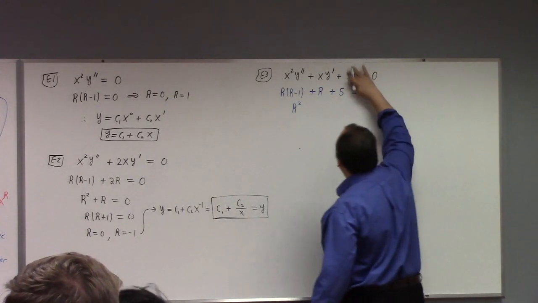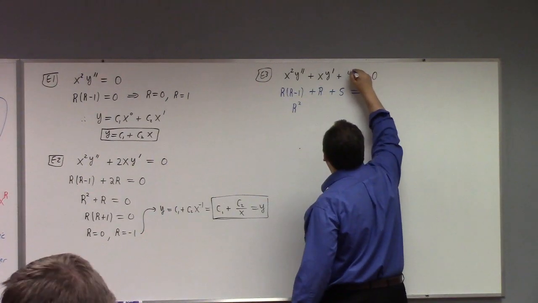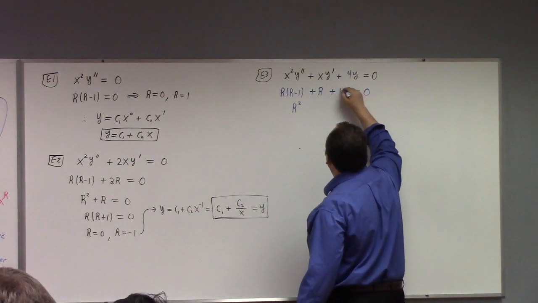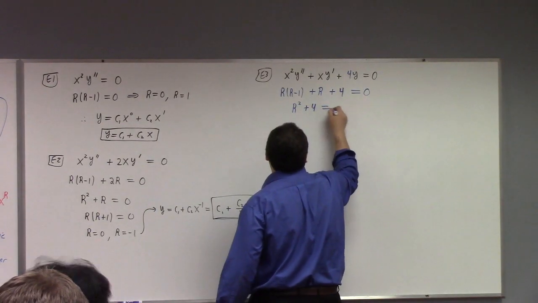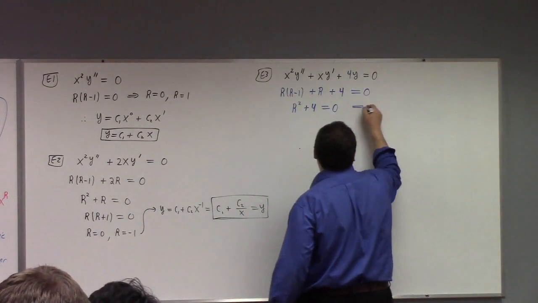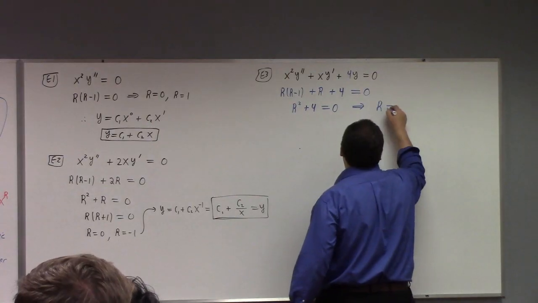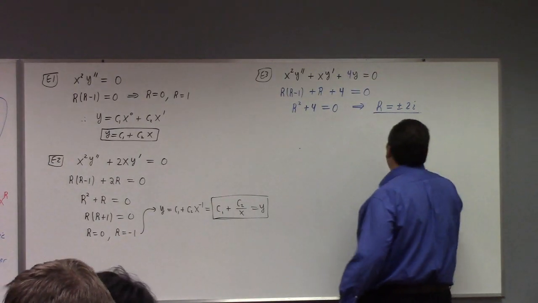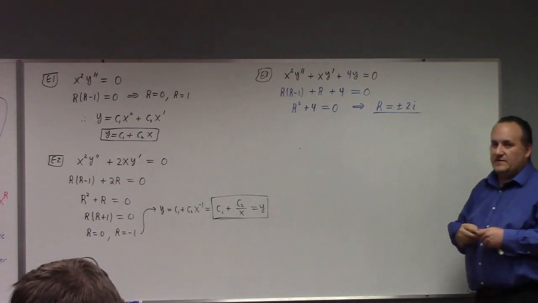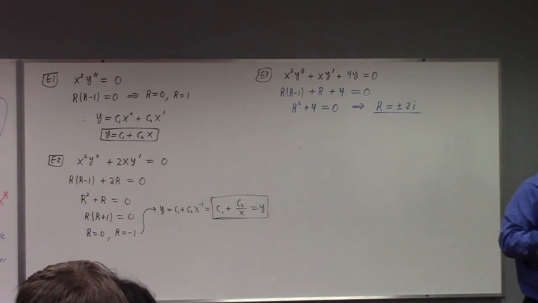I'm going to change this 5 to a 4. There we go. And now we will have r squared plus 4 equals 0, which tells me that r is equal to plus or minus 2i. Of course, this can happen. The question is, what do we do with it?